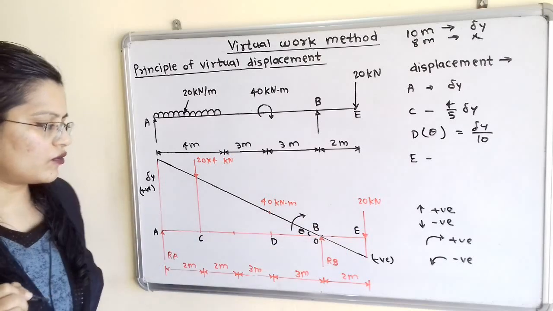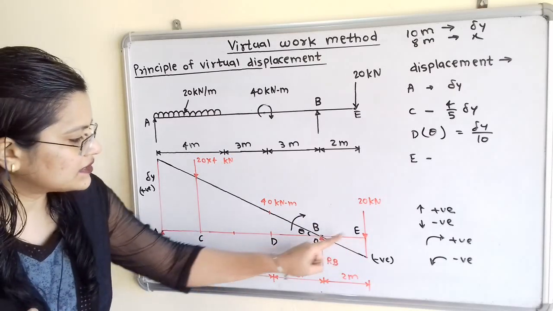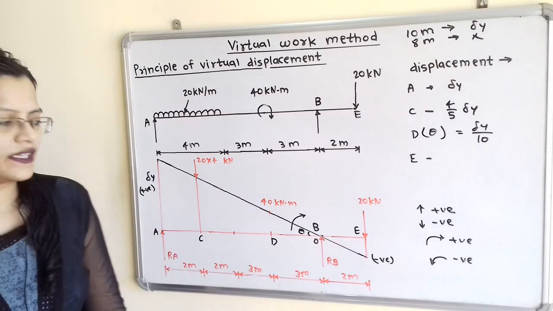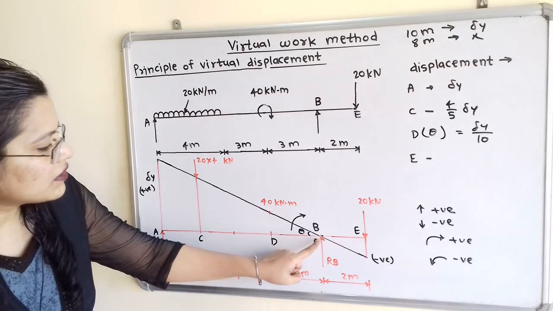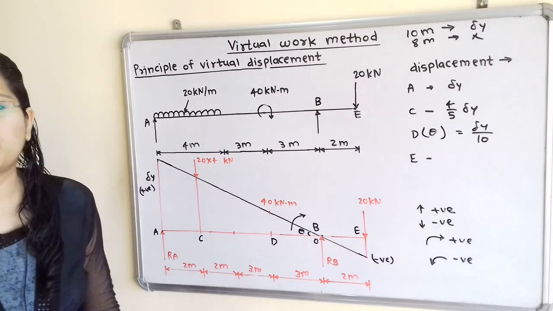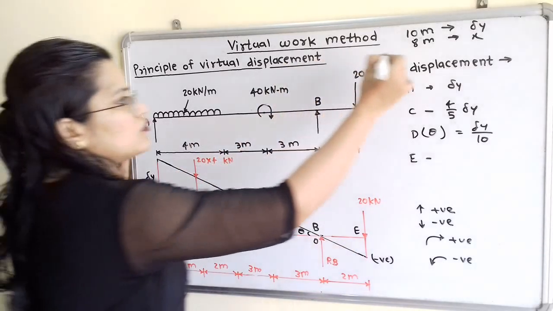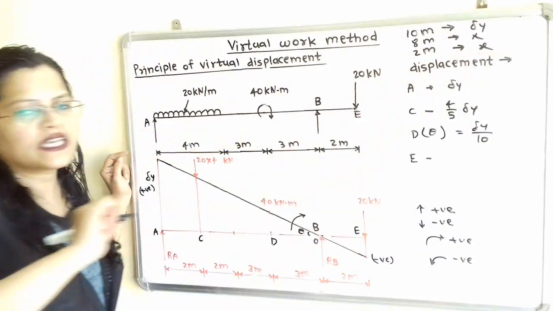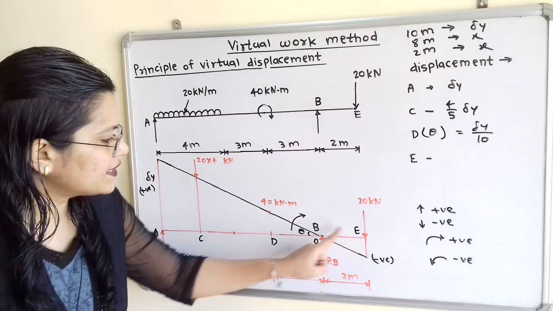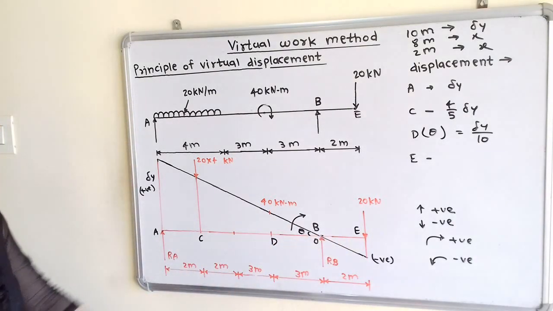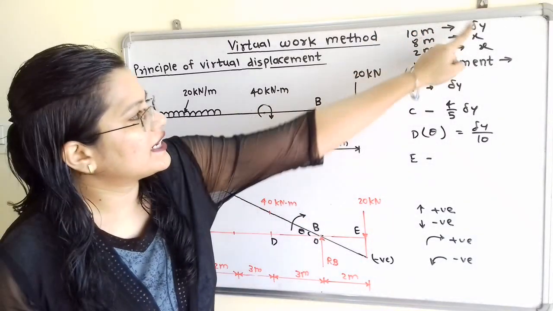Now we will find out the displacement at point E. So how to find out? Again here it is 0, at point B it is 0 and here is the point E. If we observe, this point E is at 2 meter from this point B. So again for 2 meter, here is the question mark, that is x, because point E is at 2 meter from this point B. For 10 meter, delta y is given.